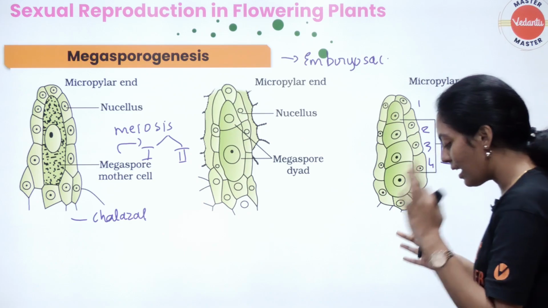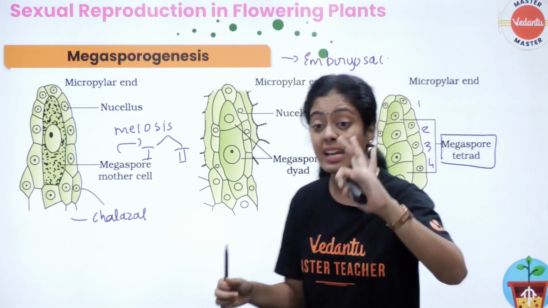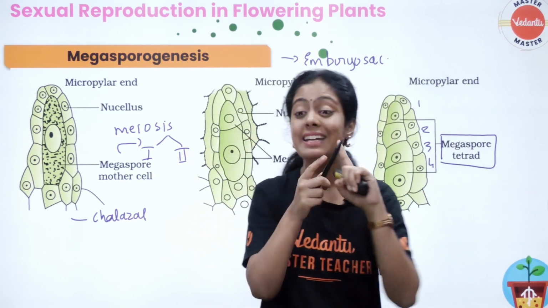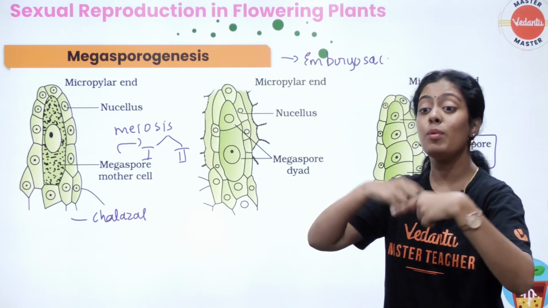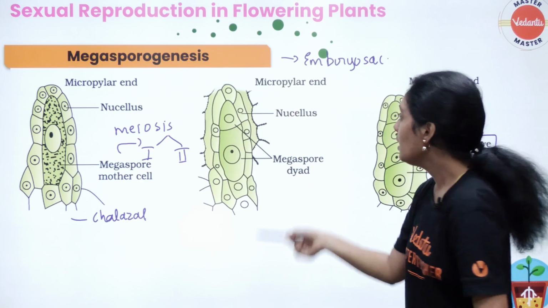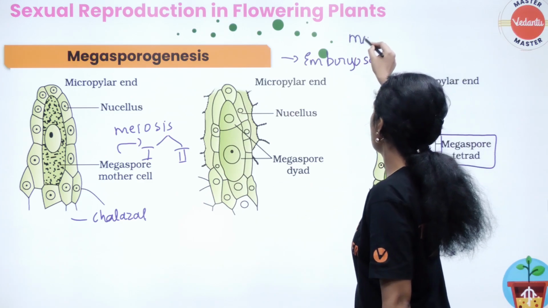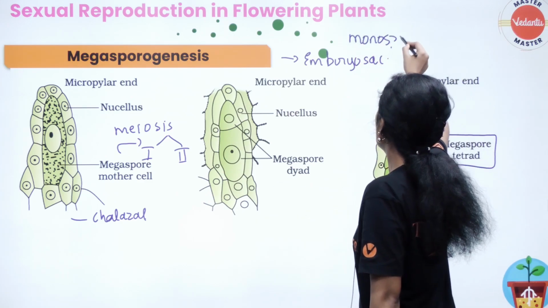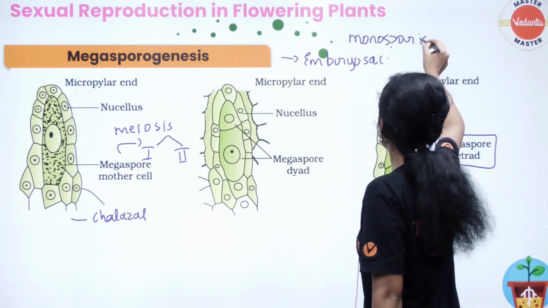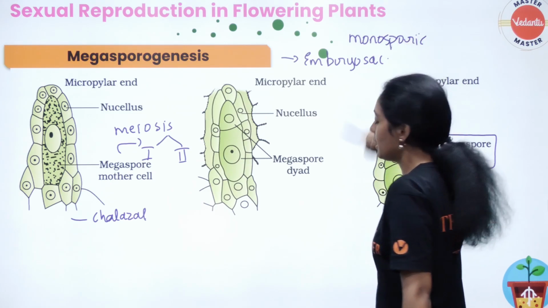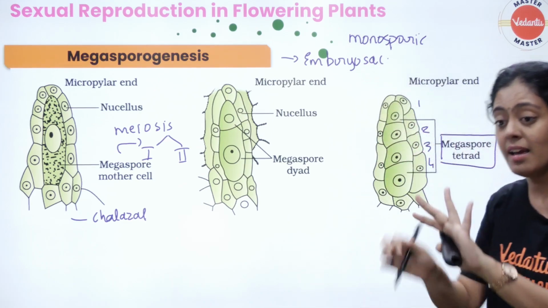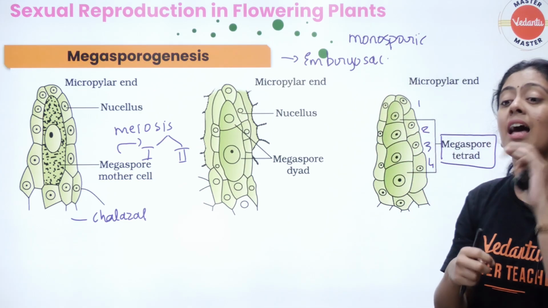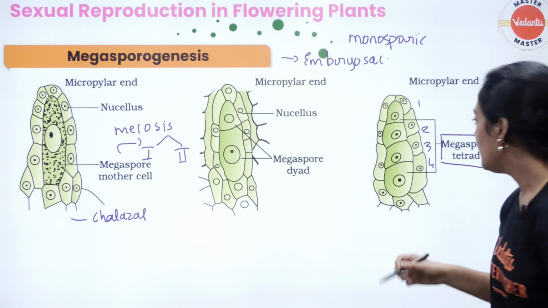இந்த 4 megaspore tetrad-ல் 3 of them will degenerate. 3மே degenerate ஆயிரும். ஒரே ஒரு megaspore மட்டும்தான் embryo sac-ஆ develop ஆகும். That is why we call this development of embryo sac as monosporic. இதை ஏன் monosporic-னு சொல்கிறேன்னா, out of the 4 megaspore tetrad, 3 will degenerate and only 1 will develop. இப்படி நினைச்சிக்கலாம்.